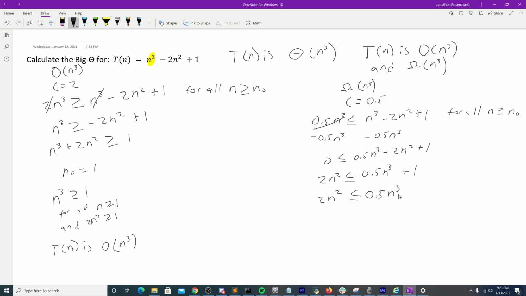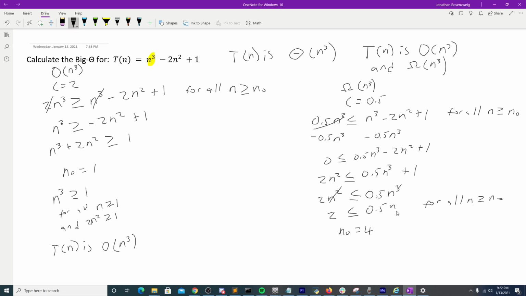So this statement's much easier to show because we can cancel out the n cubed with the n squared, and we get 2 is less than or equal to 0.5 n for all n greater than or equal to n naught. And then by looking at this equation, we can see that a suitable n naught for this expression would be an n naught that's at least 4. So we'll choose n naught equals 4.